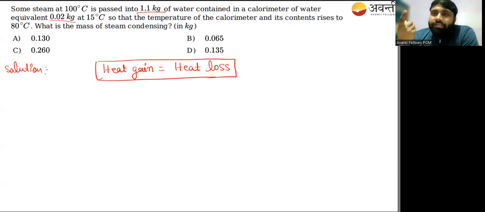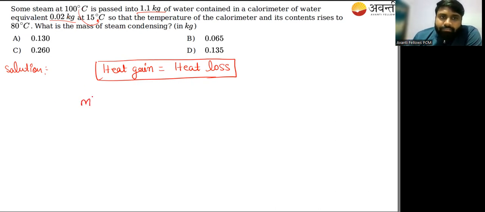Whatever be the amount of that particular substance, it is equivalent to 0.02 kilogram of water. Now, if the steam at 100 degrees Celsius is passed into this liquid, let's say water, which is at 15 degrees Celsius, definitely there will be a transfer of heat.